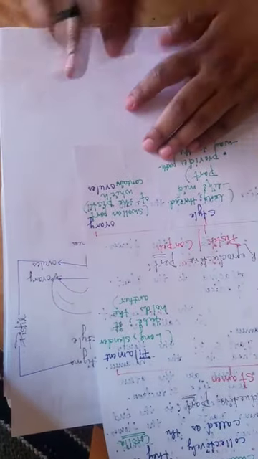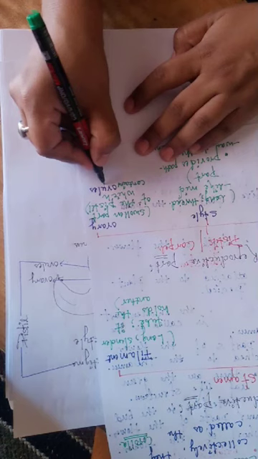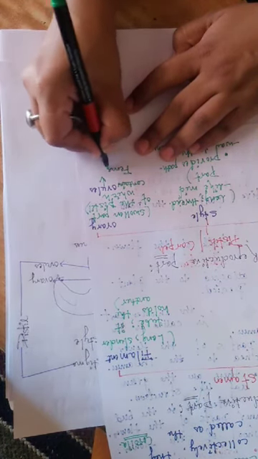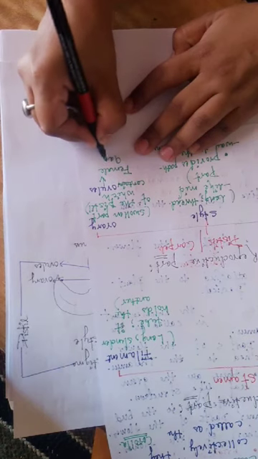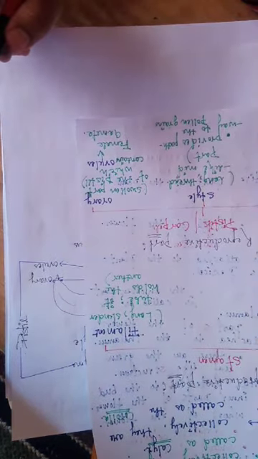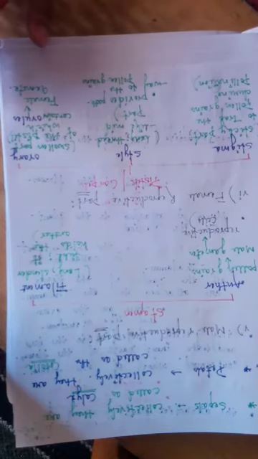These very ovules contain the female gamete. What do they contain? The female gamete.